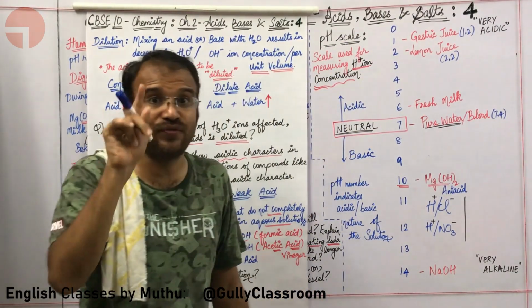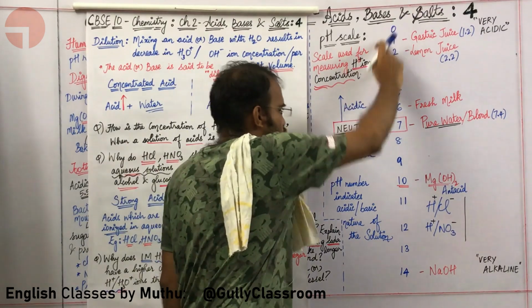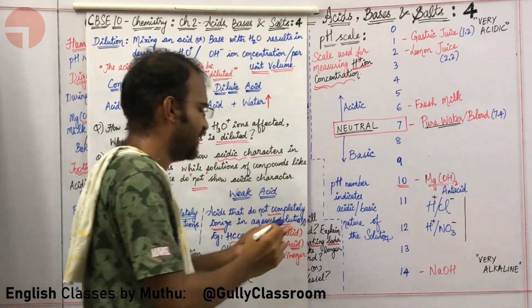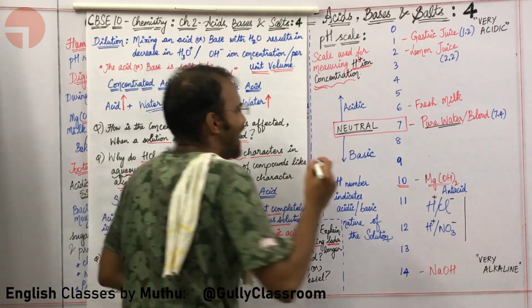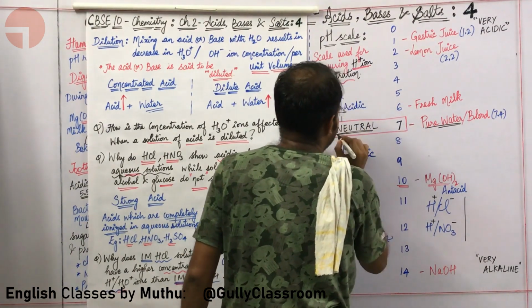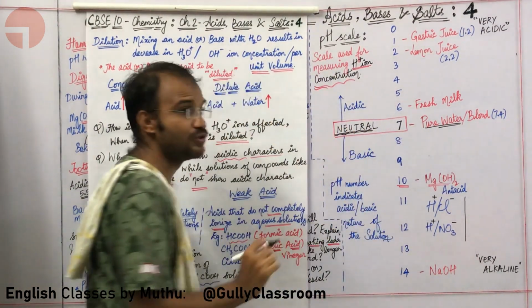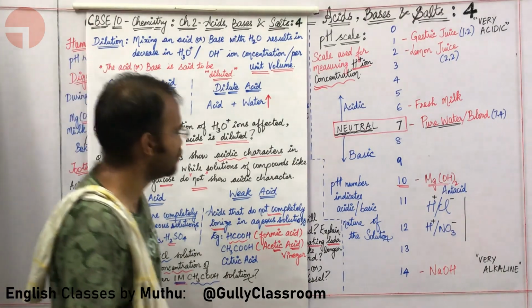Totally, it has 15 numbers. Here, the value 7 is taken as neutral.